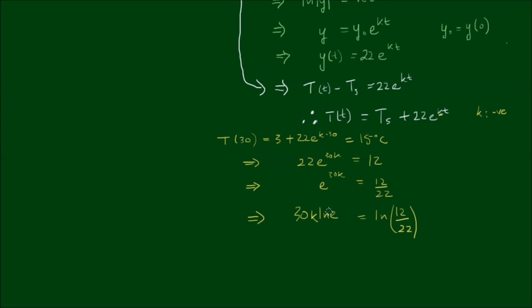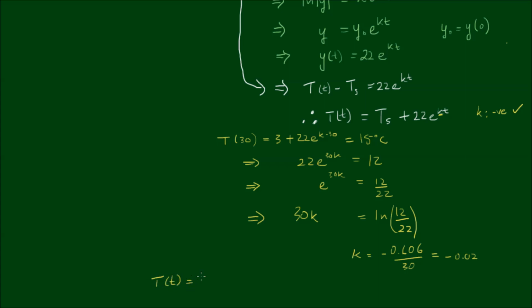And of course the log of e cancels. They cancel each other out. So the above reduces to k is equal to negative 0.606 divided by 30, which equals negative 0.02. Okay, so this is correct. K should be negative.